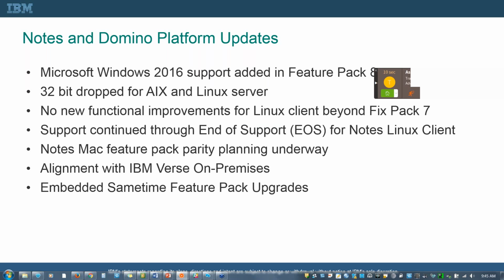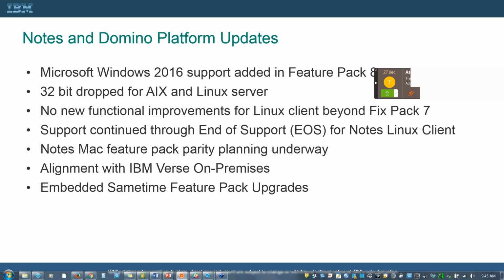We didn't align, but the goal is to align feature packs with Verse on-premises updates so that going forward, probably next year, 2018 timeframe, it will just be one release for both.